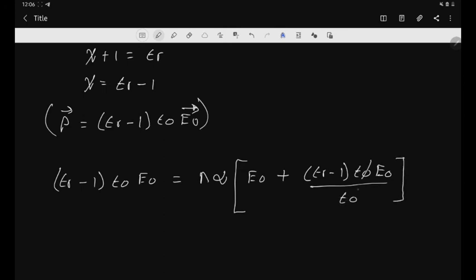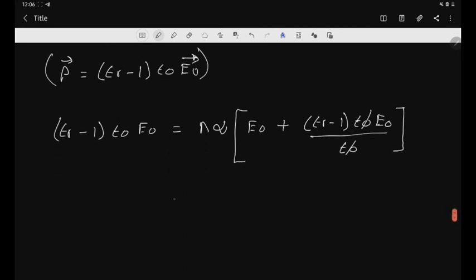So now this epsilon naught we can cancel. We will multiply the terms inside the bracket: n alpha, we have epsilon naught plus epsilon r into E naught, minus epsilon naught.